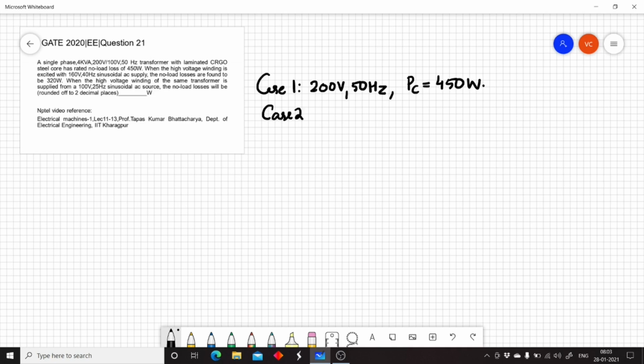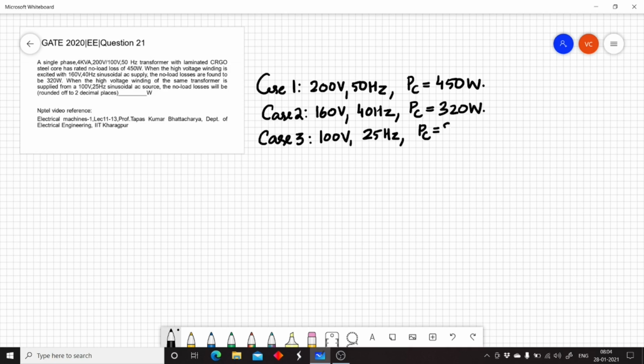Case 2, when the transformer is excited by 160 volt 40 Hz, the corresponding no-load loss can be approximated to PC, which is 320 watt. Case 3, when the transformer is excited by 100 volt 25 Hz, we have to determine what PC is.